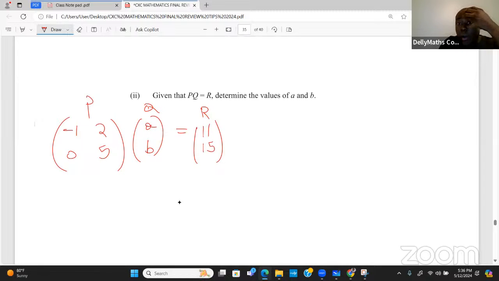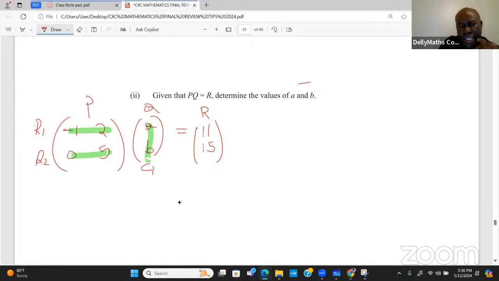This is like equated matrices. So what we're going to do is carry out our row by column: row 1, row 2, column 1.